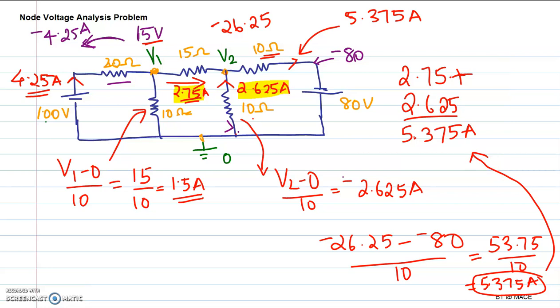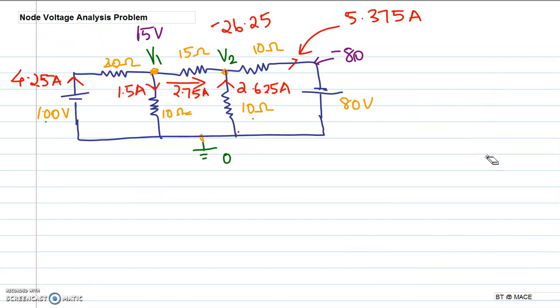So now we have analyzed the entire system and calculated the current through each of the branches. This is the total circuit showing the magnitude of each of the currents and the current directions through each of the resistances.